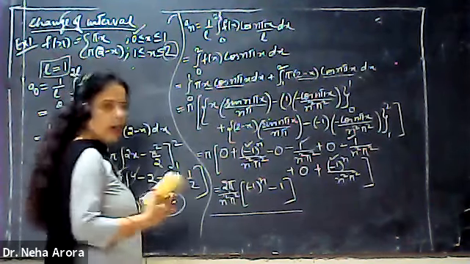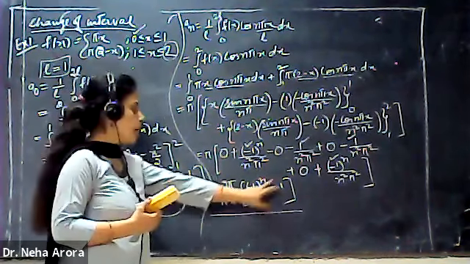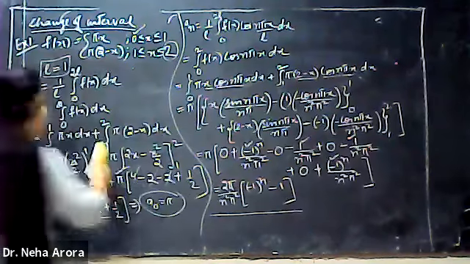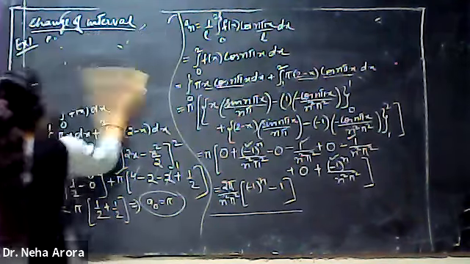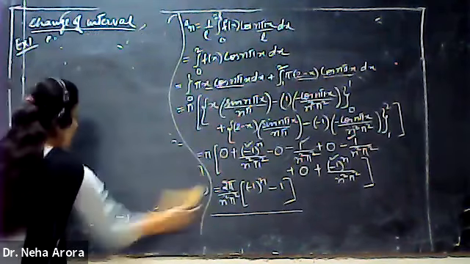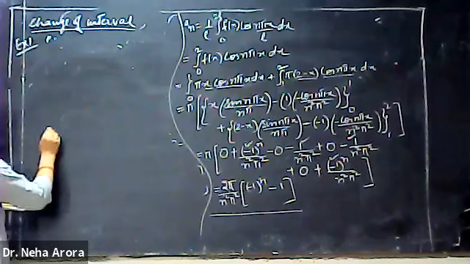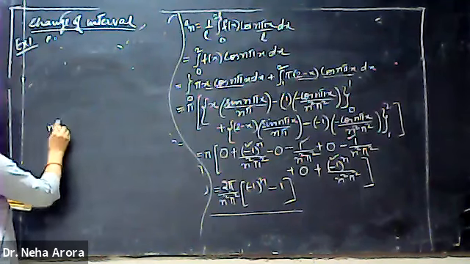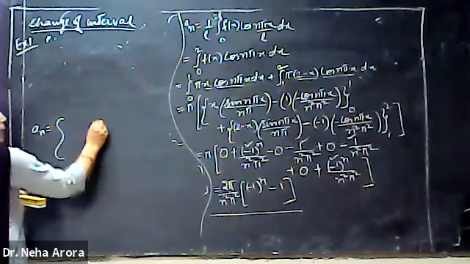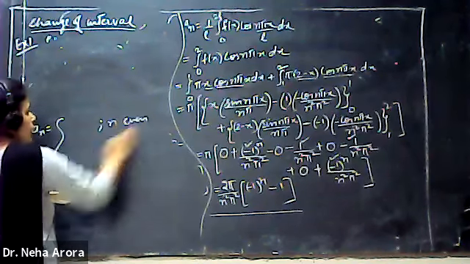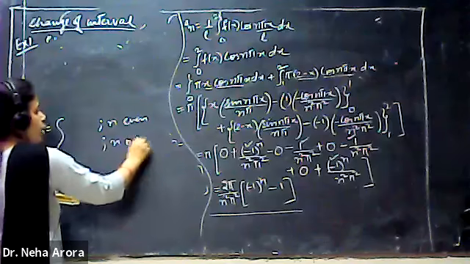Right? Now, whenever in the solution we have (−1)^n − 1, we have to make the cases of even and odd. Now, how can we make the cases of even and odd? We can write a_n for two cases, n even and n odd.